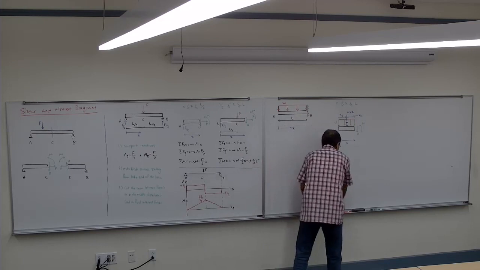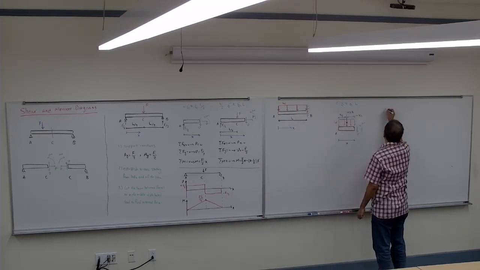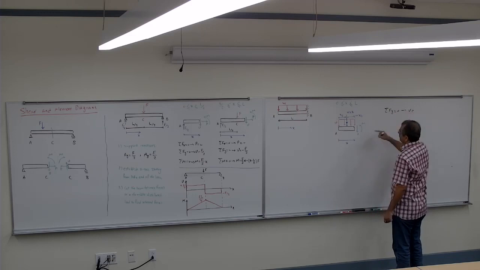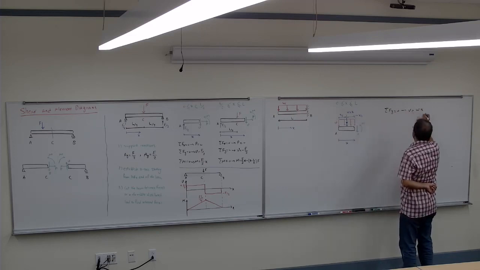Now if I go ahead and write that sigma Fx is 0, sigma Fy is 0, so it gives me the V is Wx.